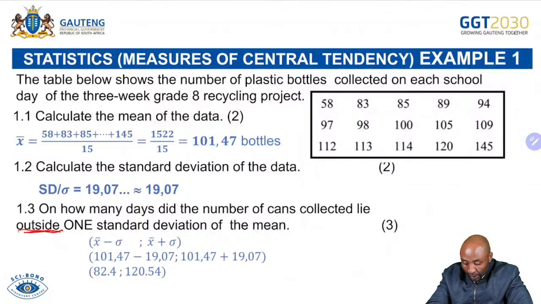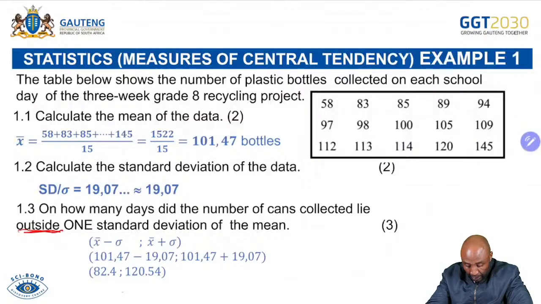Now, if we check our data items, on how many days did the number of bottles collected fall outside 1 standard deviation of the mean?